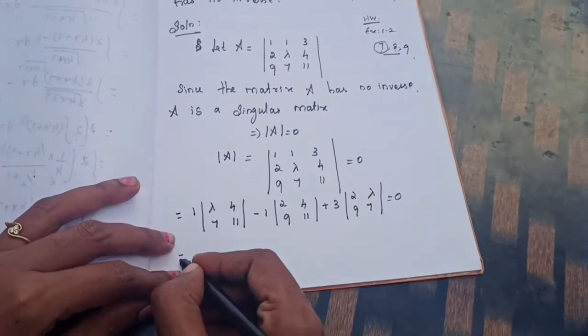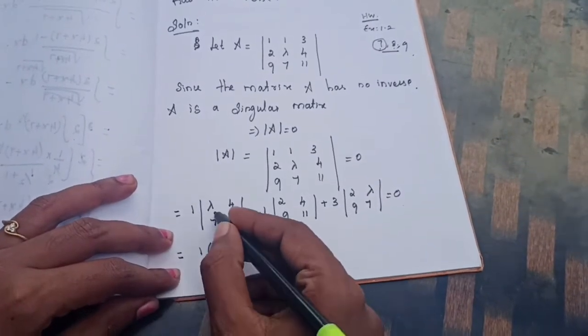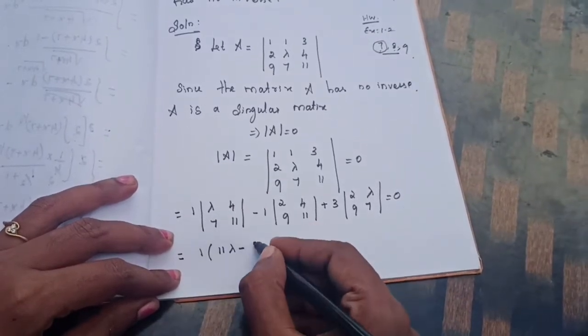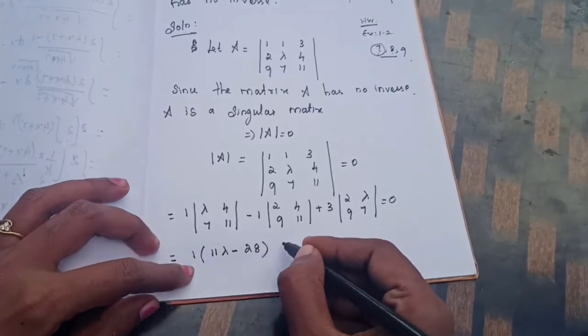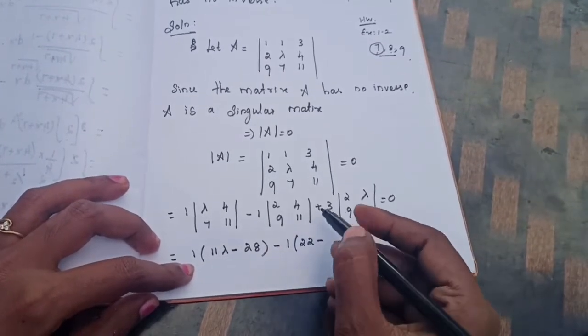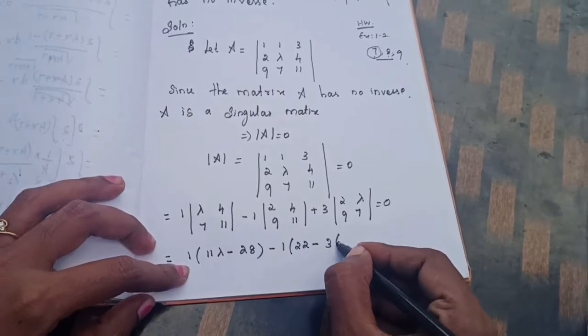That's equal to 1 into 11 lambda minus 7 into 4, which is minus 28. Then minus 1 into 22 minus 9 into 4, which is 36.